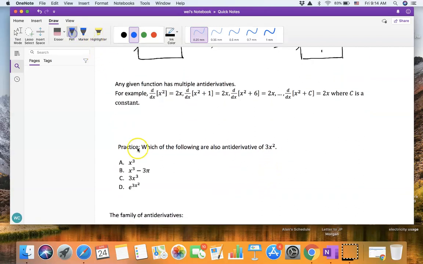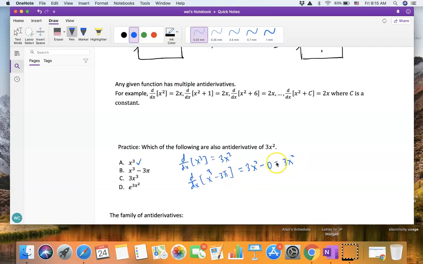Okay, let's start. When I take the derivative of x to the third, I get 3x squared. So x to the third is an antiderivative. And when I take the derivative of x to the third minus 3 pi, I get 3x squared minus the derivative of 3 pi, which is 0.